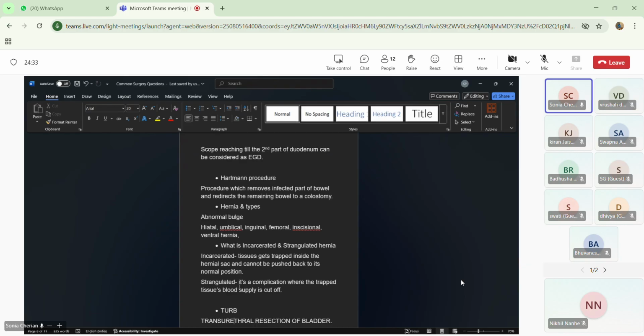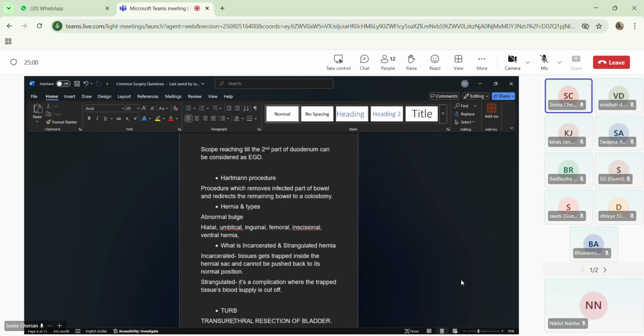So they will just cut down the large bowel if the patient has large intestine cancer, or the large intestine is in a condition where they have to resect it out. They might resect that part of the large bowel, and they will redirect the other part into the colostomy.